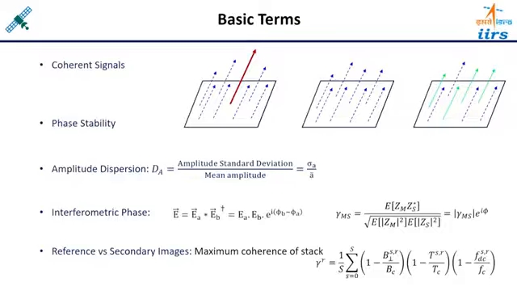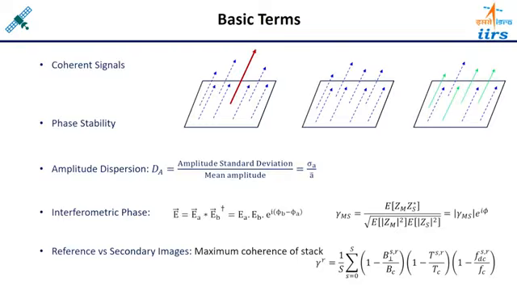Out of these 3, you choose the situation in which the sum of coherence is maximum. Suppose in the case where the third image is the reference, the total coherence is highest among all the 3. Then the third image can be considered as the reference image.